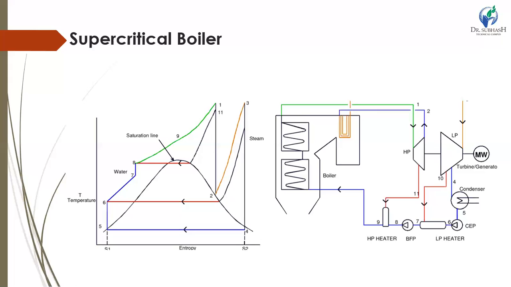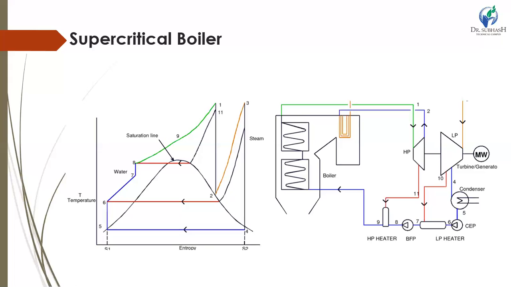The pressure level is more stable due to less heat capacity of the generator, and hence it gives better response. Higher thermal efficiency, around 40 to 42% in a power station, can be achieved by using supercritical boilers.